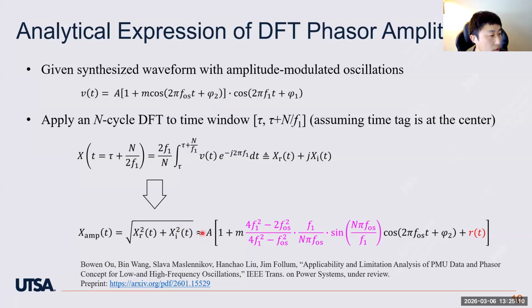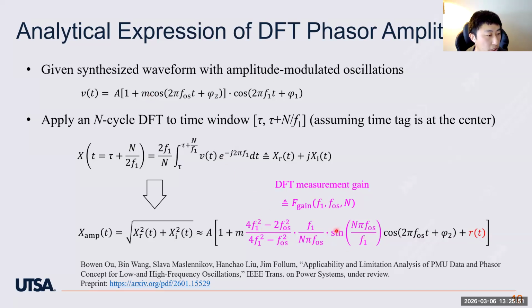We have the amplitude A, that's the amplitude of the fundamental frequency component, and we have the modulated oscillations. If you compare, you see that we have an extra term in the oscillation amplitude, and we have one extra term. The first term, I call it the DFT measurement gain, because in the original signal, if we really put a number there, it has to be 1, right?